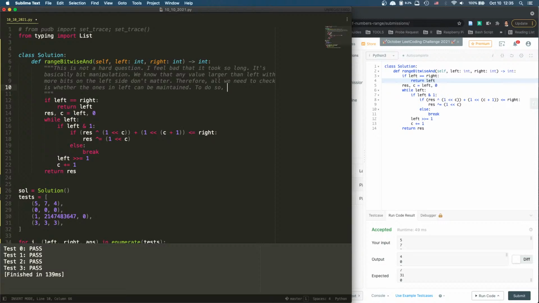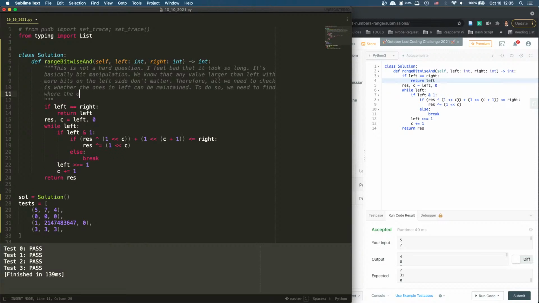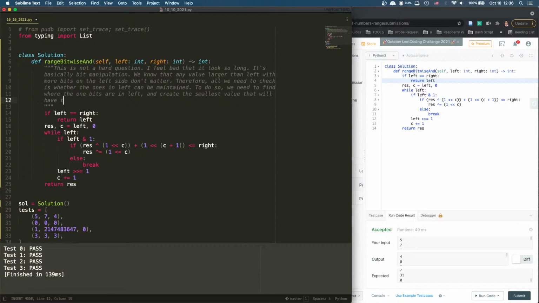To do so, we need to find where the one bits are in left and create the smallest value that will have 0 at that 1 bit position.